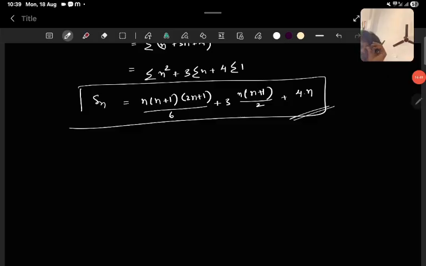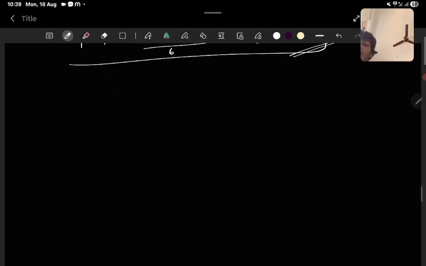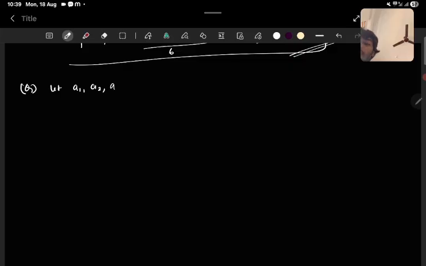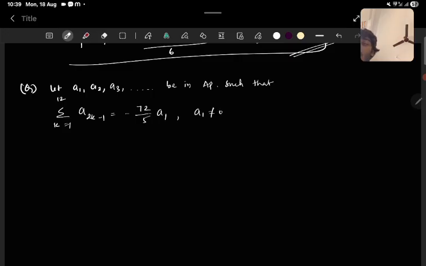Let us consider one more question, not on this basis, it's a different sector. Let a1 comma a2 comma a3 so on be in AP such that summation k starts from 1 to 12, a 2k minus 1 is equals to minus 72 by 5 times of a1, where a1 is not equal to 0.